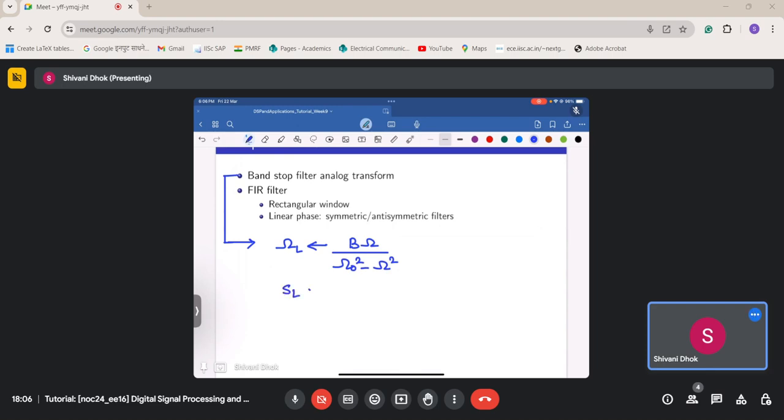Similarly, SL, that is in the low pass filter, we will replace this by this thing here. So this is the analog transform for the bandstop filter.